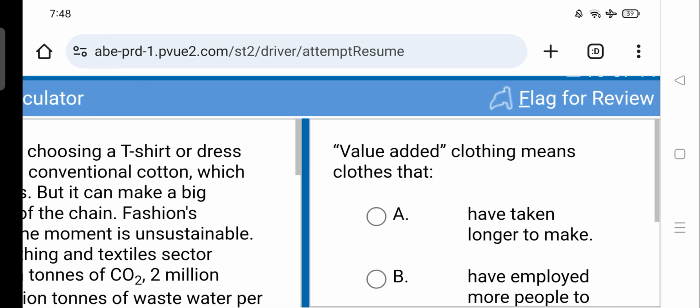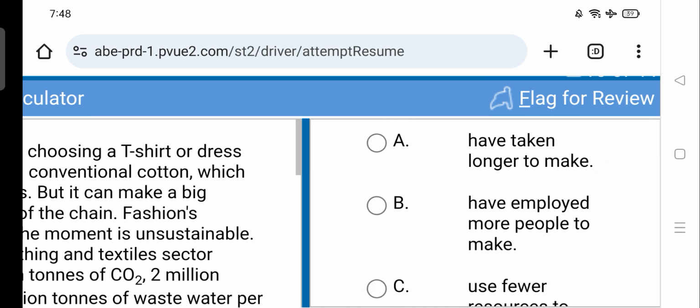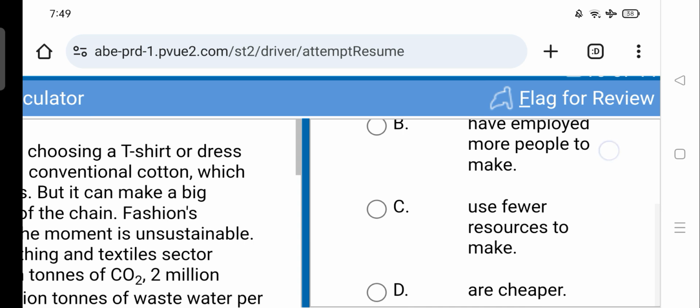Value added clothing means clothes that: option A, have taken longer to make; option B, have employed more people to make; option C, use fewer resources to make; option D, are cheaper.